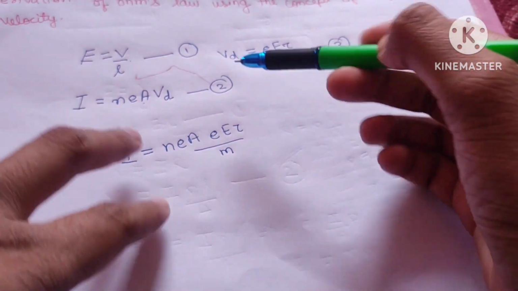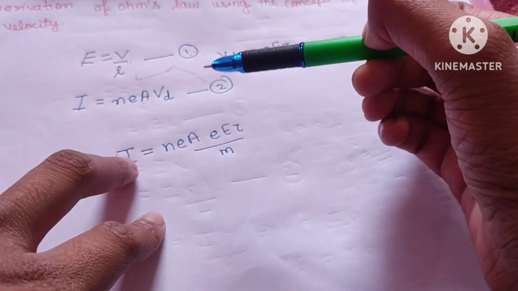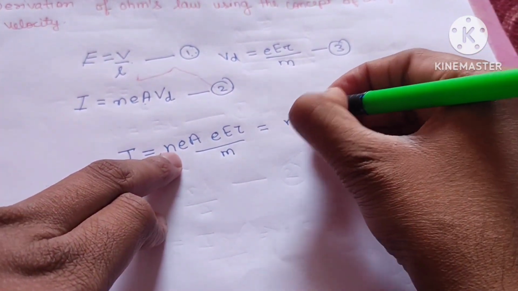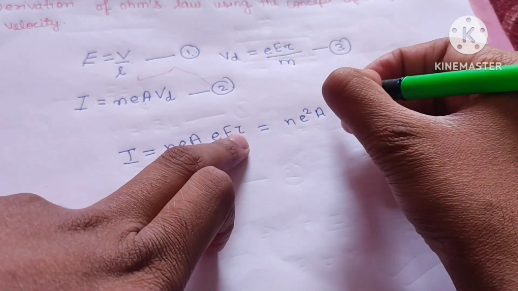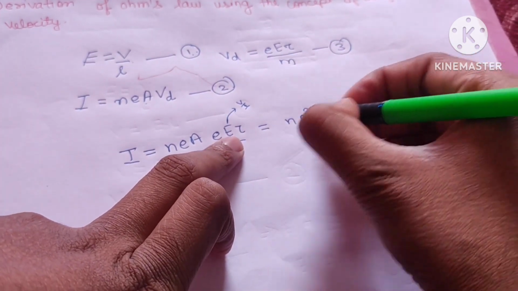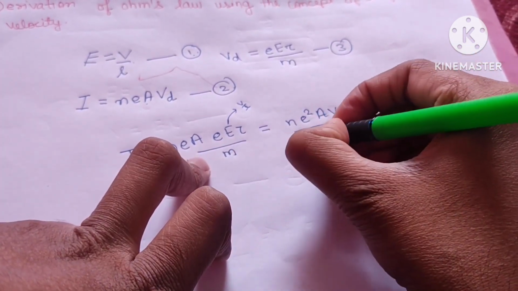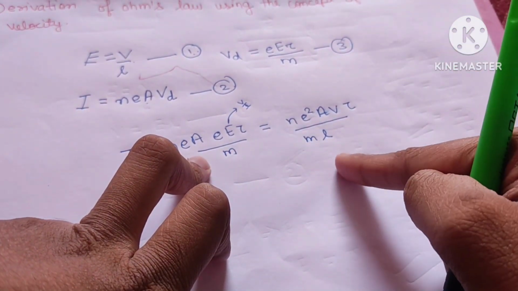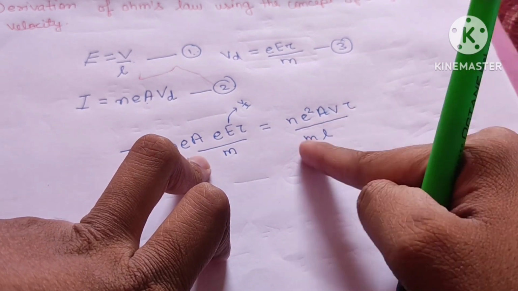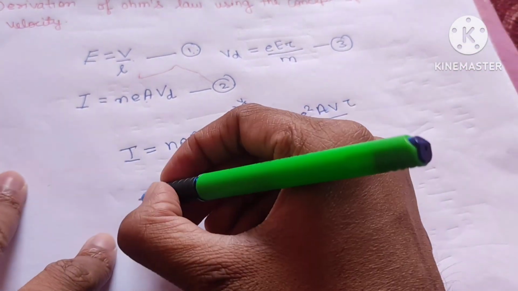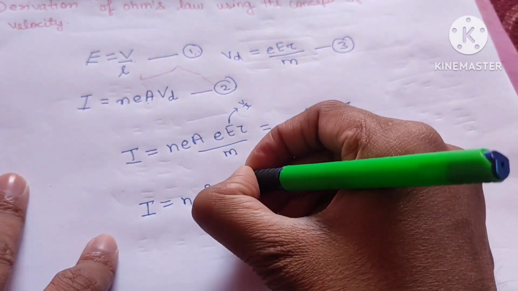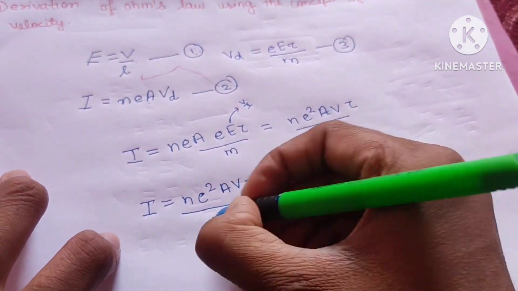Also put equation 1 in this equation 2. E is equal to V by L, so here we'll write V by L. So we get I equal to n squared e squared A V tau divided by m L.